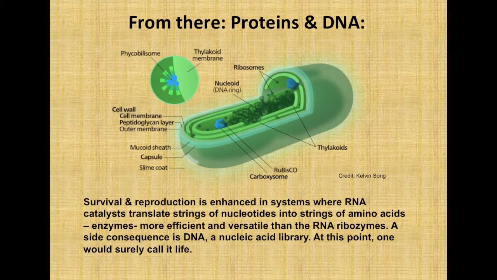And exactly where you draw that line depends on the individual researcher, but it seems that in systems where RNA catalysts were translating themselves into a different kind of catalyst, so an enzyme, an amino acid chain, that was a more resilient system. And so those tended to take over.